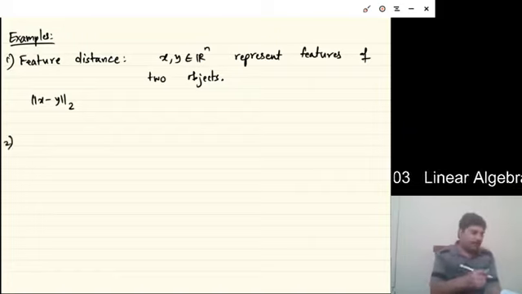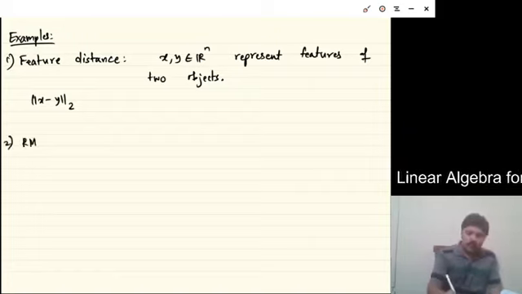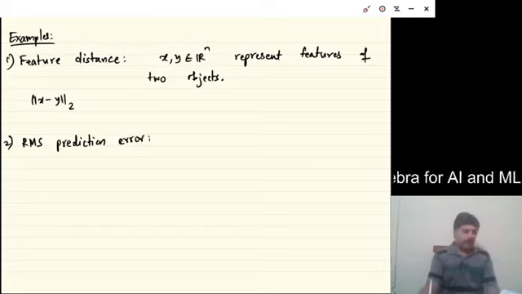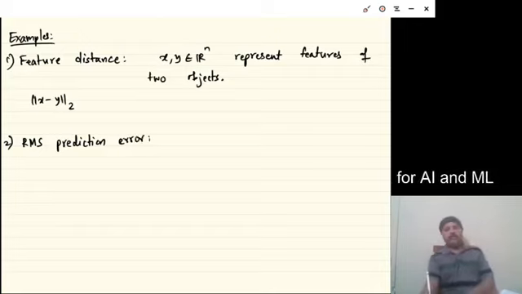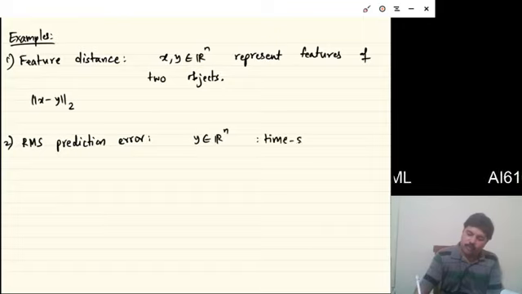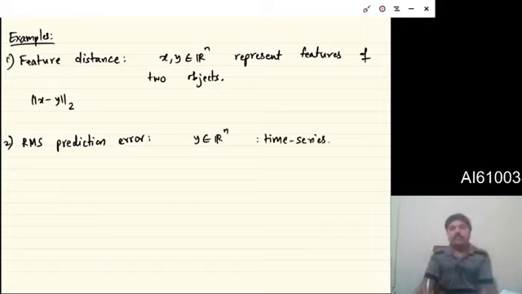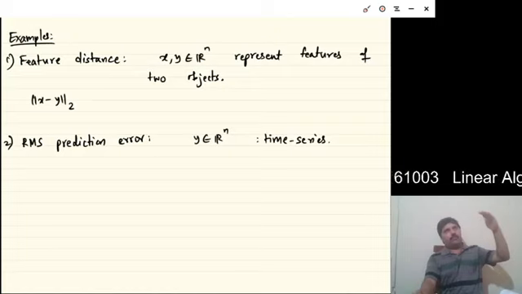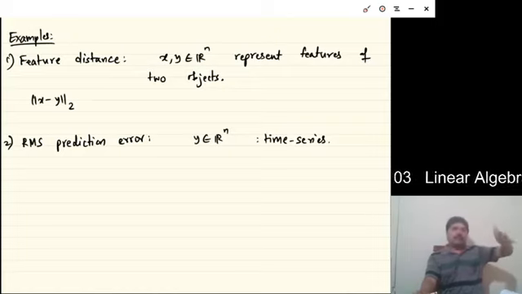The next thing that you will like to look at is RMS prediction error. So what is this RMS prediction error really? Let y belonging to Rn be a time series, for example. There are certain values y1, y2 up to yn present in this vector. Those values represent the values of the time series at time instants t1, t2 up to tn.